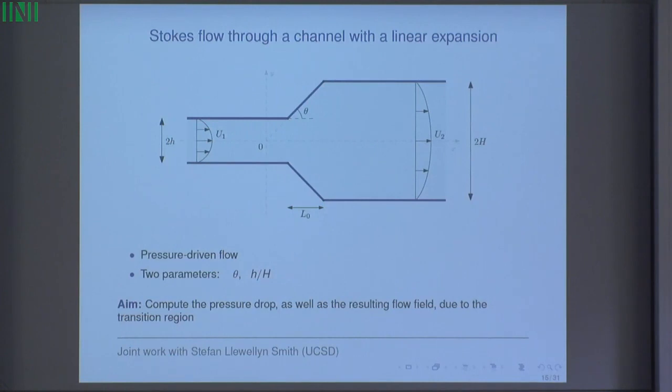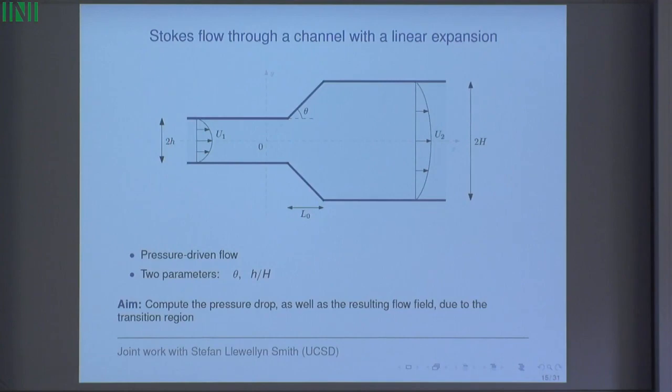So we want to understand what is the effect of having this polygonal transition region. We have 2 parameters to play with: the angle of this expansion, and also the channel ratio, H, where this is H and H capital. So we want to compute the pressure drop as well as the flow in general because of this transition region.